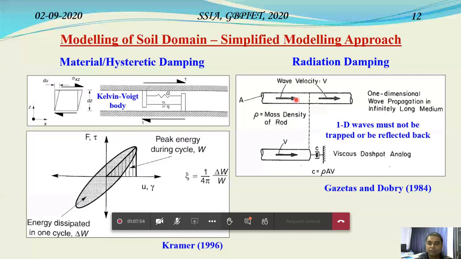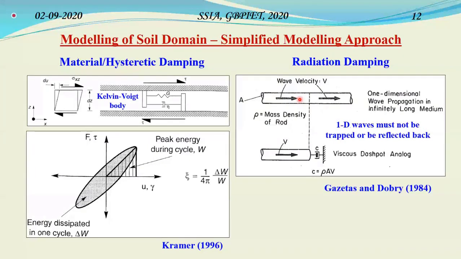So a wave which is moving away from the medium to the boundaries should not come back again in the system when we do numerical modeling. So we generally provide a viscous dashpot at the boundaries, which basically acts as an absorber, and in this way we tackle the radiation damping.